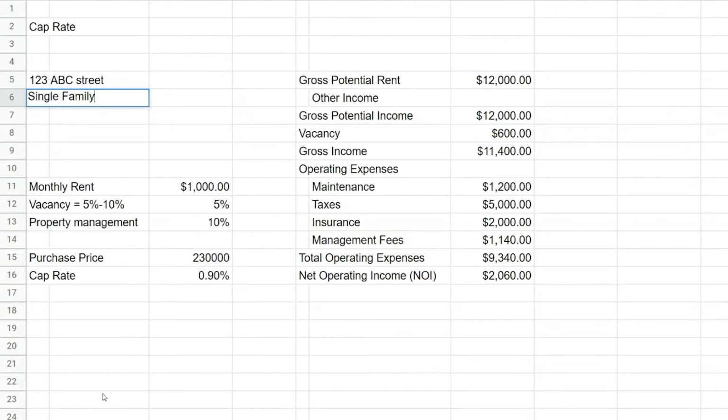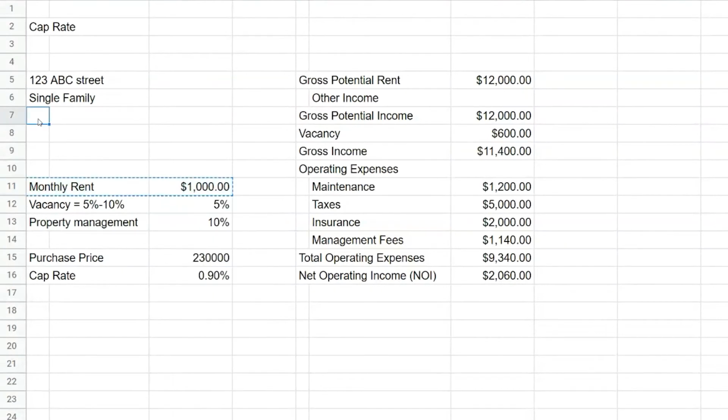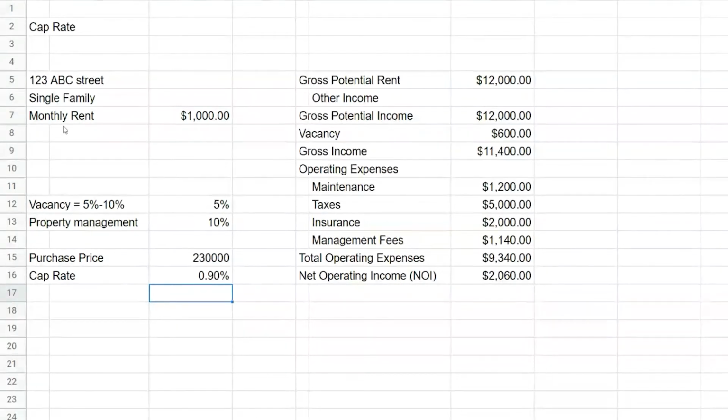All right, that way I know what I've got going on here. So I'm just going to put this and paste it right there. Shift everything around. I know I'm getting $12,000 a year for that property. Now my vacancy has changed. All these numbers adjusted based off of what I've already put into the system.